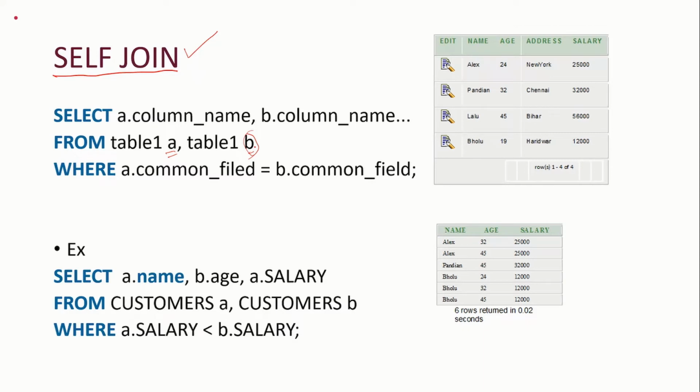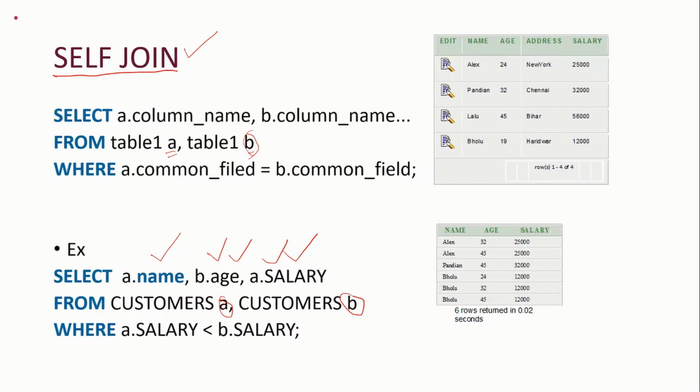Like here, customers is one table, A and B are the copies, and on these copies we are going to apply the self join. How are we going to apply the self join? We require name, age and salary, but name is from the A copy, age is from the B copy, again salary is from the A copy.